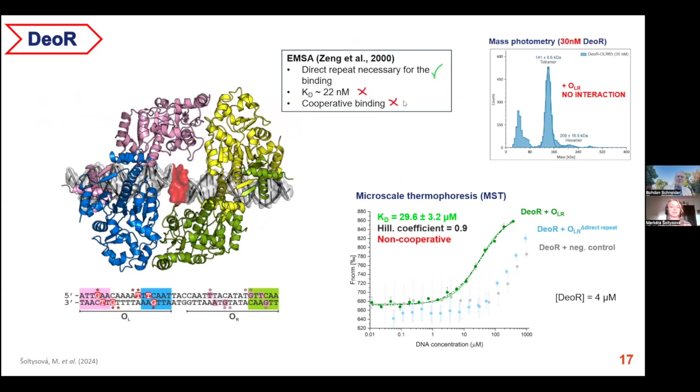Anyway, Zhang and his co-workers, who published the characterization of DOR in 2000, were right about the DNA sequence binding. On the other hand, methods we employed contradicted other assumptions they made. First, we found that DOR probably binds the DNA with a rather low affinity, and the binding is not demonstrably cooperative as they claim.